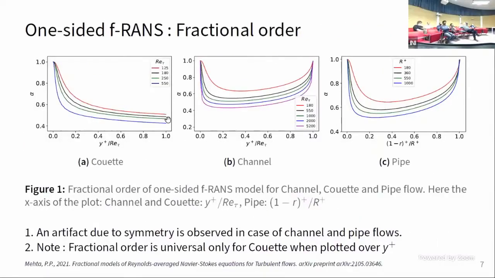So immediately near the wall, what we have is that the fractional order is unity. That was by construction, because in the viscous sublayer near the wall, what we have is a scaling of velocity that is proportional to y plus, and that's true for y plus roughly up to around 5. So we have a viscous sublayer, and the Reynolds stresses are completely absent.